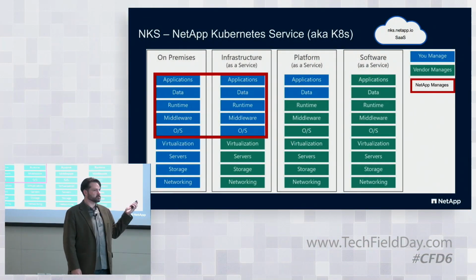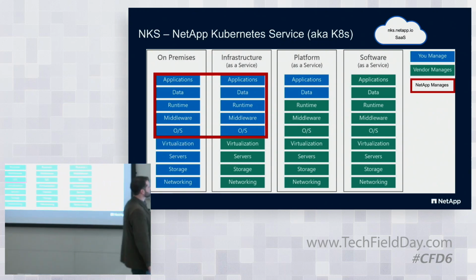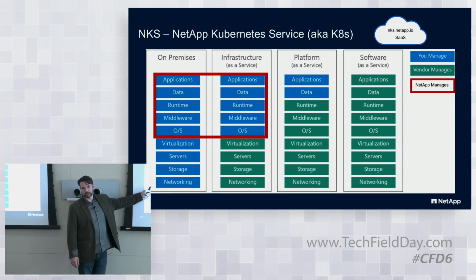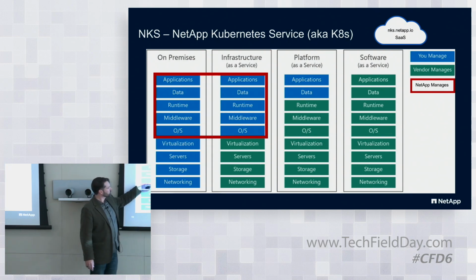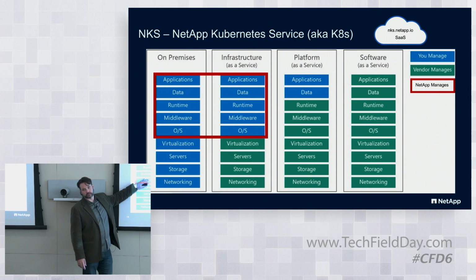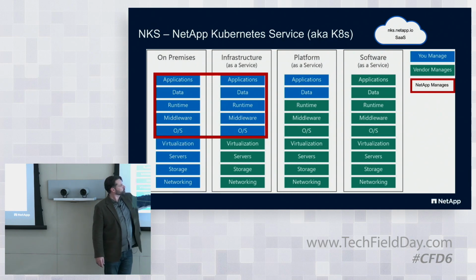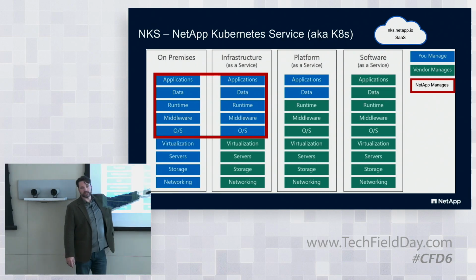Yeah, it's a good question. I'll go back to this picture here. So this isn't the NKS necessarily on HCI. This virtualization layer on-premise could be a vanilla VM, or it could be one of our FlexPod infrastructures, but it runs on top of and orchestrates the creation of virtual machines on any flavor of VMware. In the hyperscaler, the virtualization layer is handled by the hyperscaler.